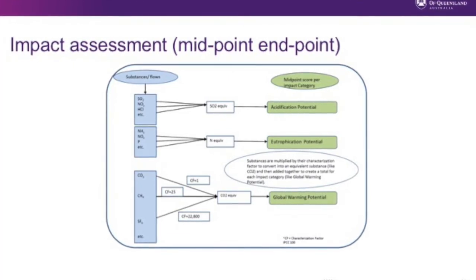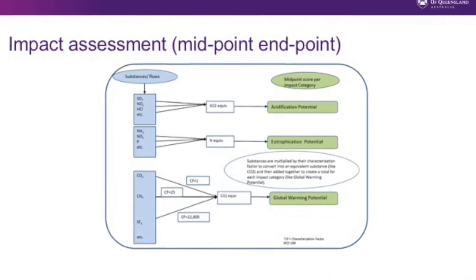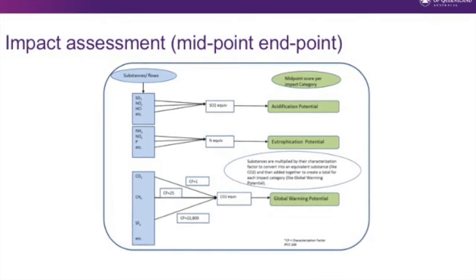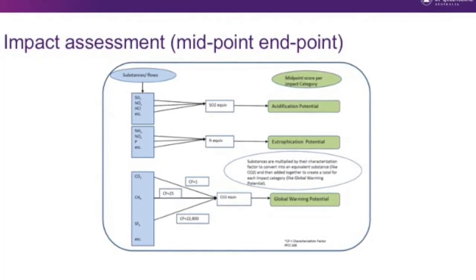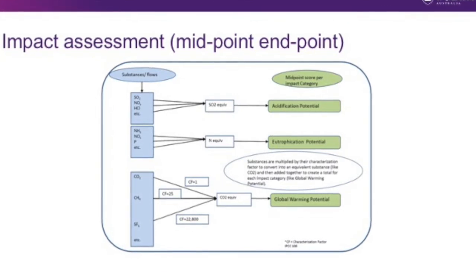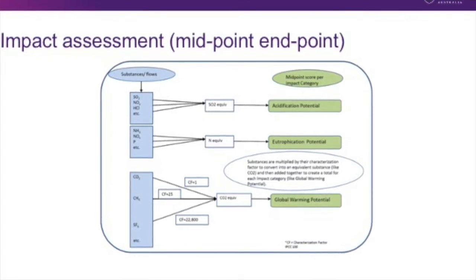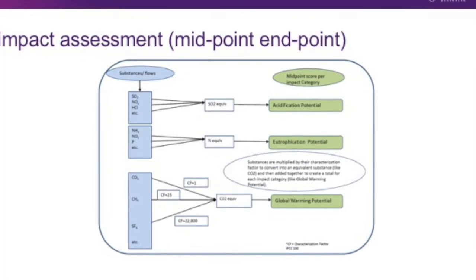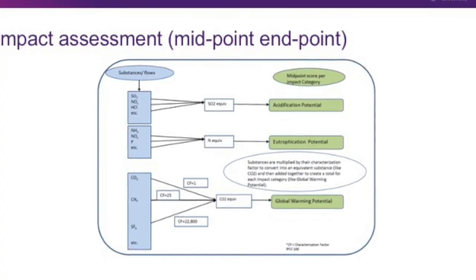If we're talking about eutrophication potential, we are going to need units of nitrogen equivalents, and then we will have to consider phosphorus and nitrogen compounds because these are the ones associated with eutrophication.